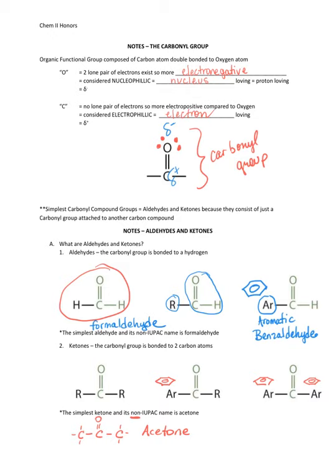All right, the next one, we have a cyclic compound. It is not benzene. It is not aromatic. It's just a plain old cyclic alkane. It's got 6 sides. So it's cyclic, so we know we're going to change that to cyclo. It is 6 sides, so that's hexane.